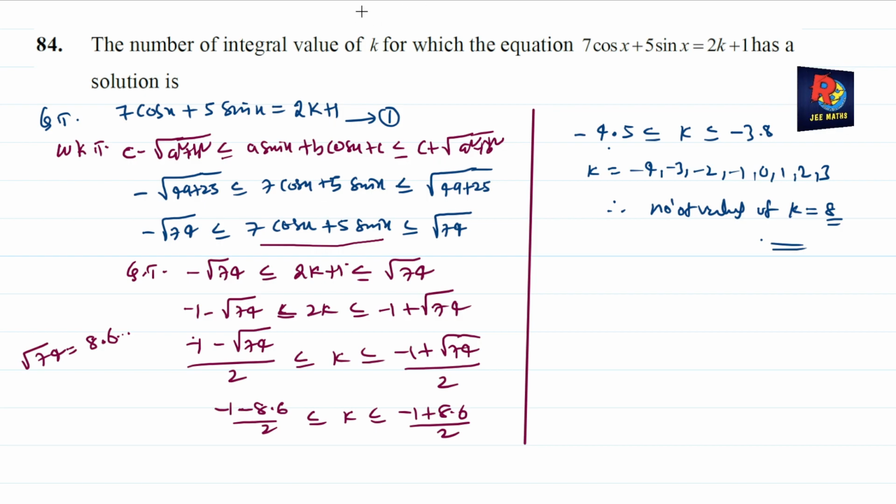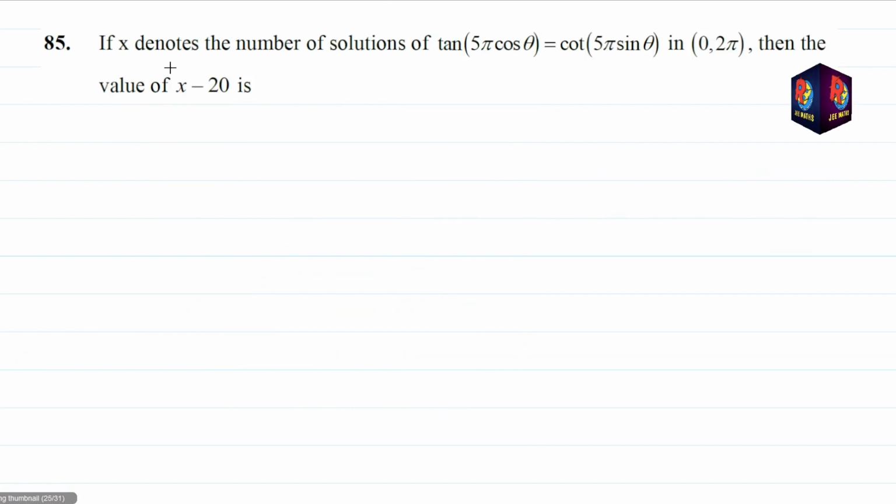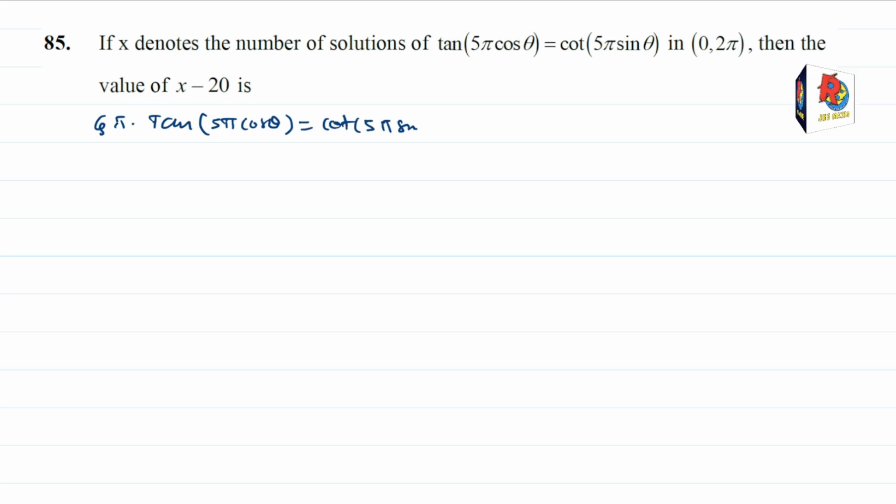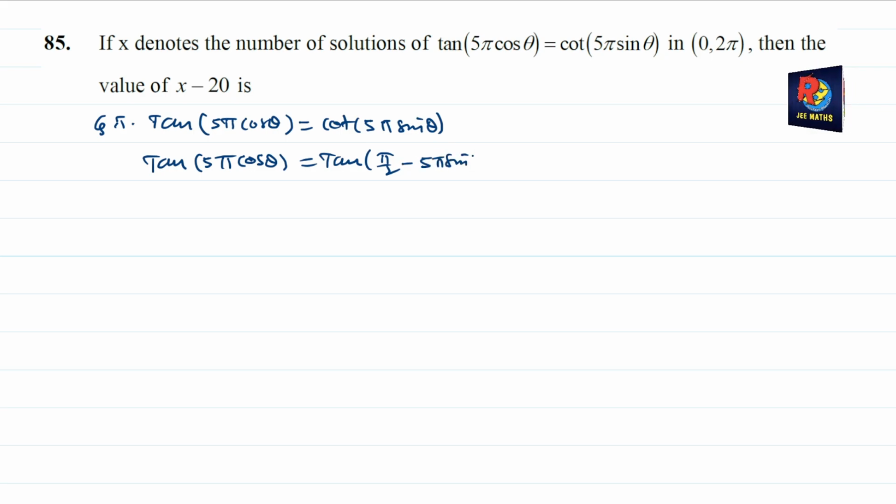Next, 85. Here we can observe that it is given that tan 5 pi cos theta equals cot 5 pi sin theta. So I can write 5 pi cos theta equals tan of 90 minus 5 pi sin theta.